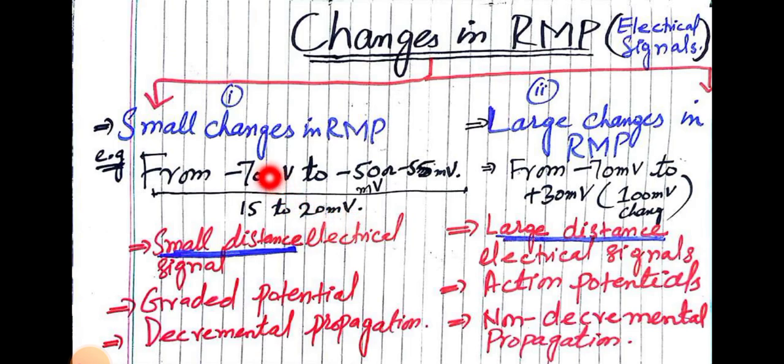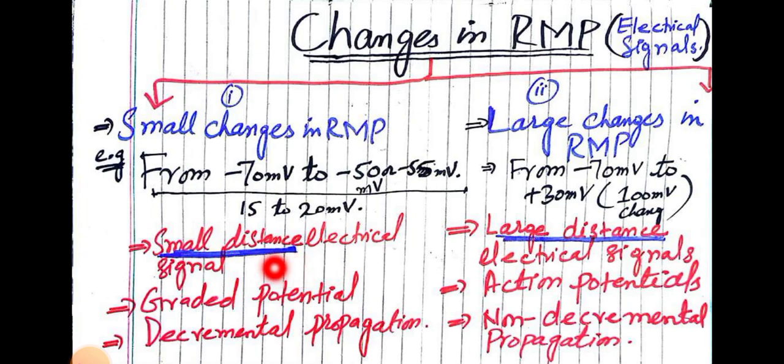And if resting membrane potential changes from minus 70 to minus 55, then the change in voltage is 15 millivolts. So these small changes in resting membrane potential are called graded potentials.